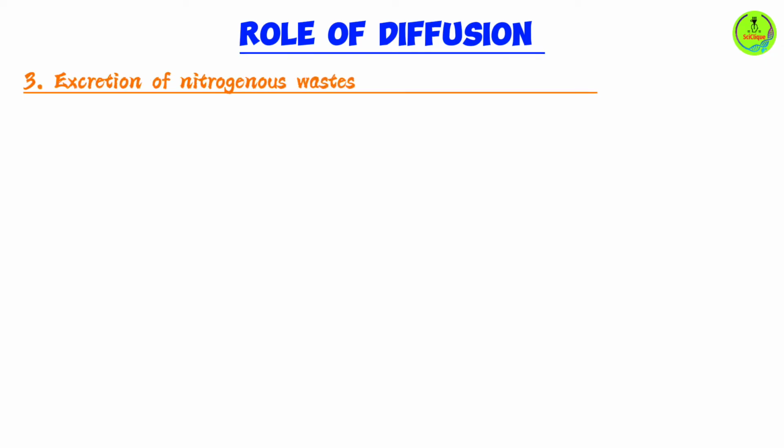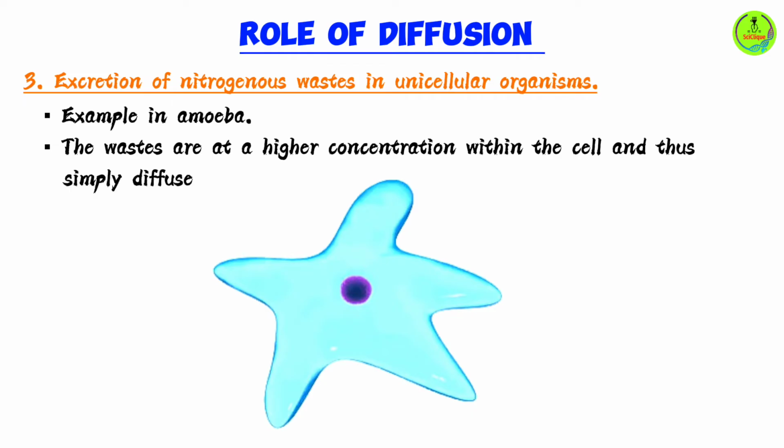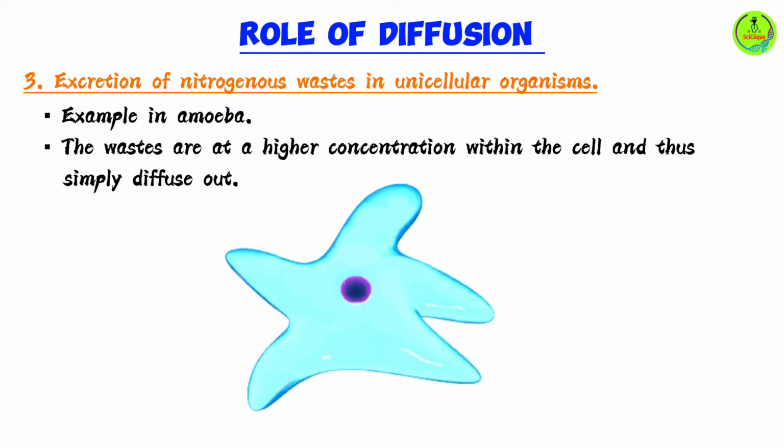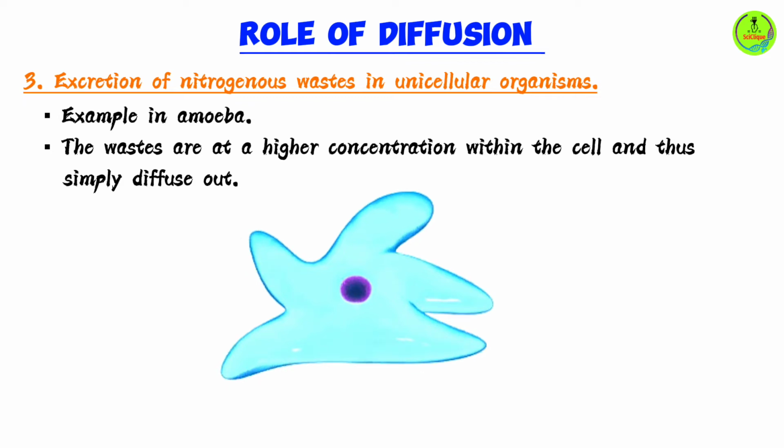You're going to have the gases diffusing from the region of higher concentration to the region of lower concentration. Moving on, diffusion also facilitates the removal of nitrogenous waste in unicellular organisms. Unicellular organisms are organisms that only consist of one cell in their body. A very good example is the amoeba. When we talk about nitrogenous waste, these are simply waste products that contain nitrogen.